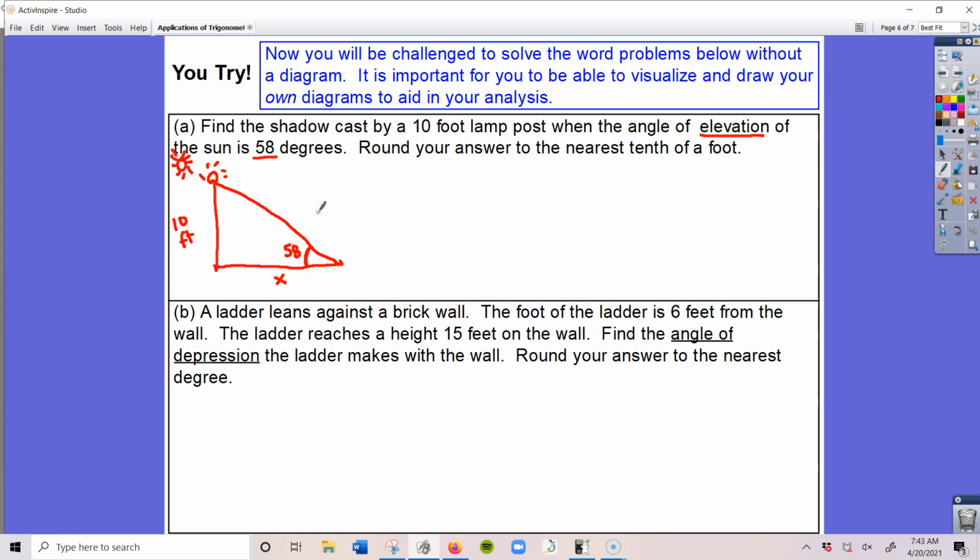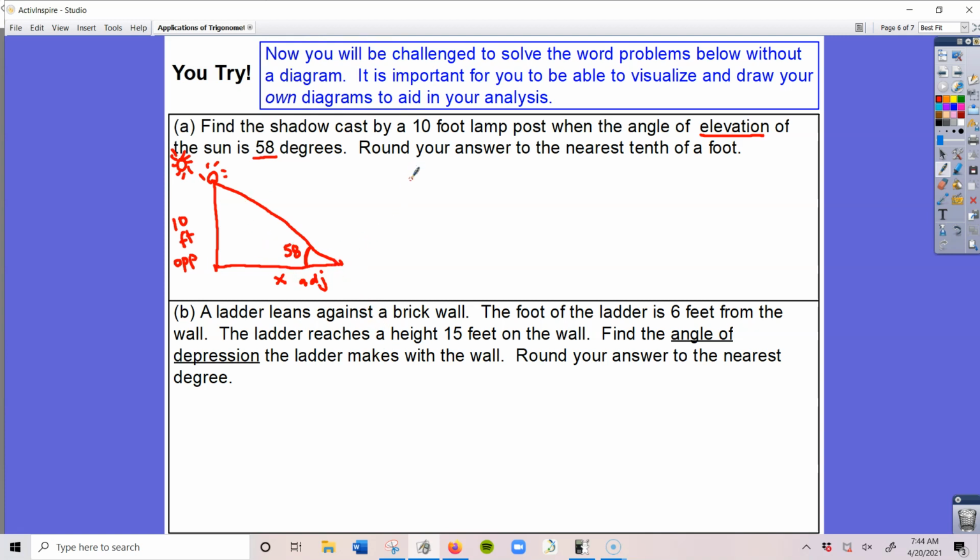Once you have your triangle set up, now we know what we're going to use. This 10 foot here, this is the opposite side since it is across from the 58. And the x is next to the 58, but not the diagonal, so this would be the adjacent. So that means that this is tangent.